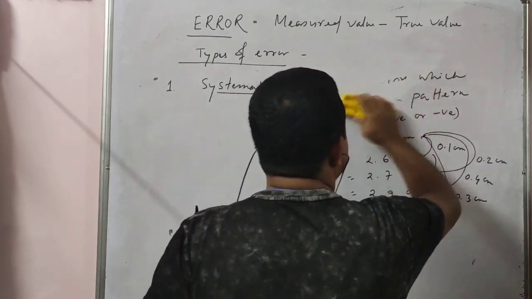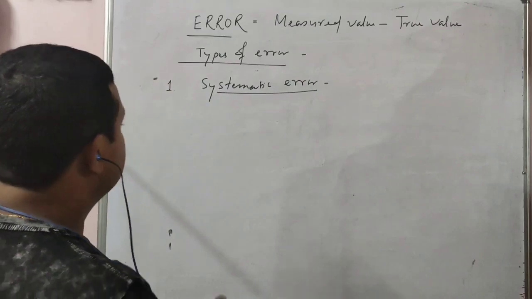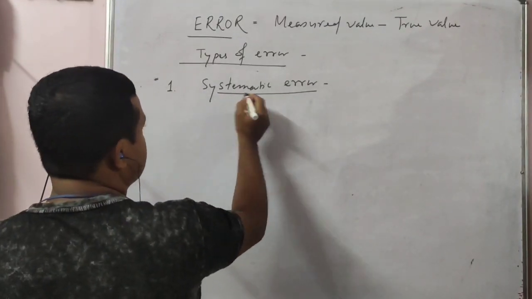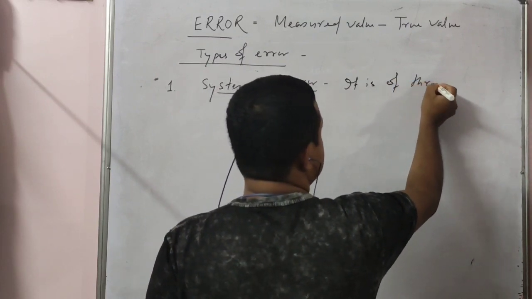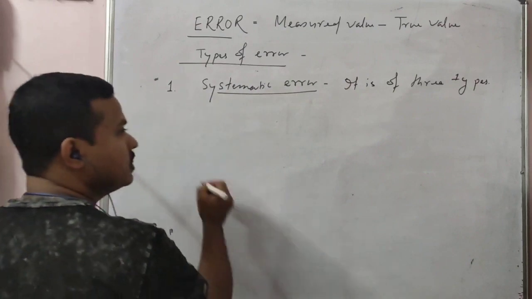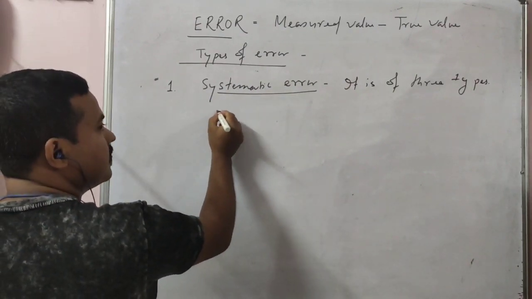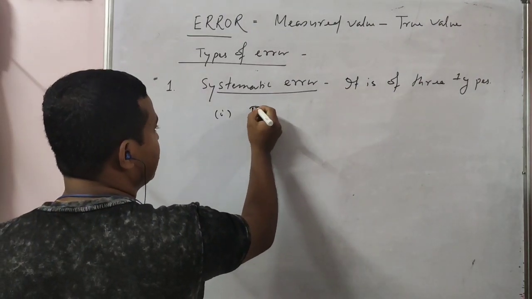Now these systematic errors are of three types. The first one is instrumental error.